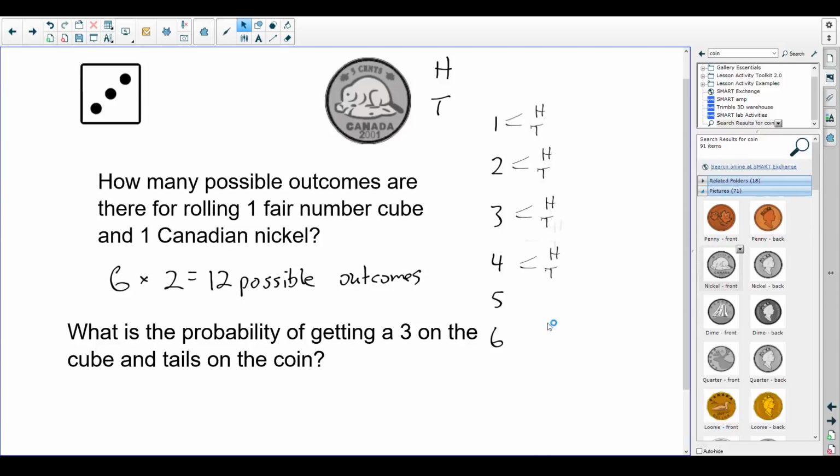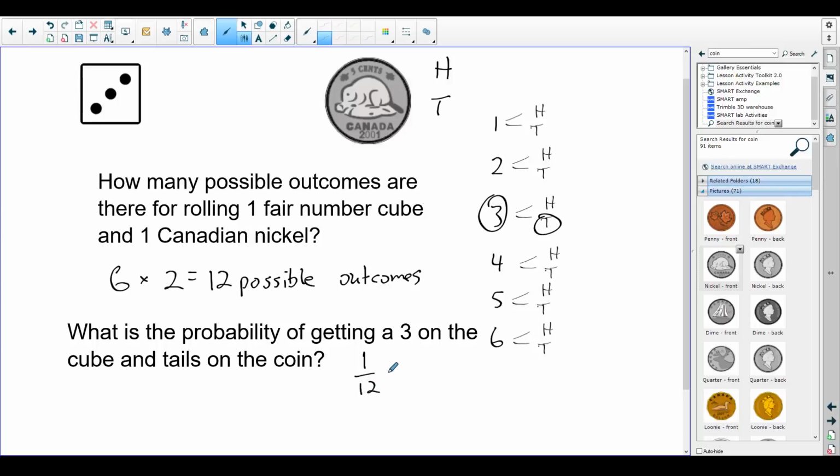Get 1 and heads and tails, 2 heads and tails, 3 heads and tails, 4, and so on. But we want both of these things to happen. So we want to get a 3, and then after we get a 3, we also want it to land on tails, right? So only one of our outcomes is favorable, which is why the probability of getting a 3 and tails is 1 out of 12.